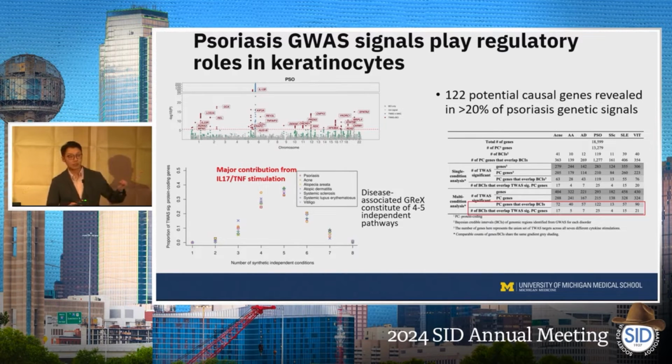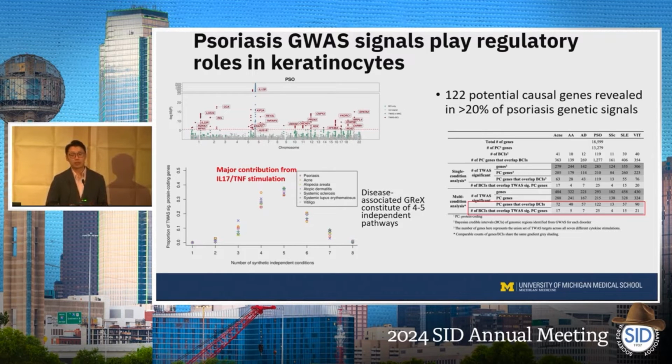This would be Th2-based, mostly for AD, but then we have IL-17 and TNF, mainly for psoriasis, and we have others. The table on the right represents how many TWAS target genes we got from all those psoriasis loci.